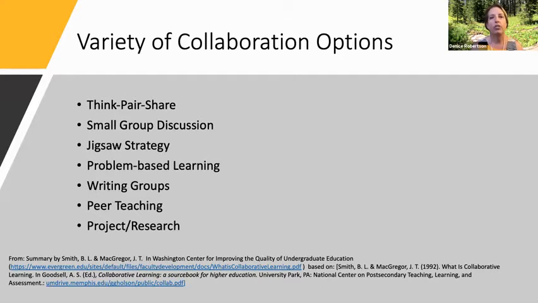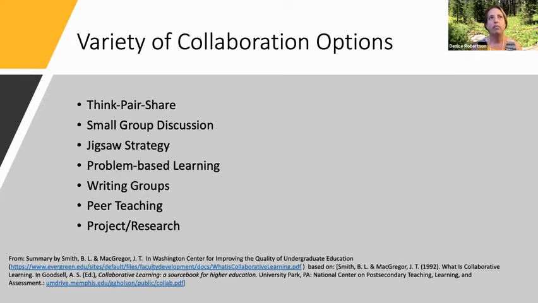Problem-based learning, where students are addressed either maybe with a case study or even just discussion questions from a text, things that they have to do some application of the material they're learning. Writing groups, what it sounds like, so be peer review, those kinds of things. Peer teaching, this is an opportunity for upperclassmen or students that have taken the class before to come back and help students to better understand the material, and also helps for that student to solidify their own learning many times.